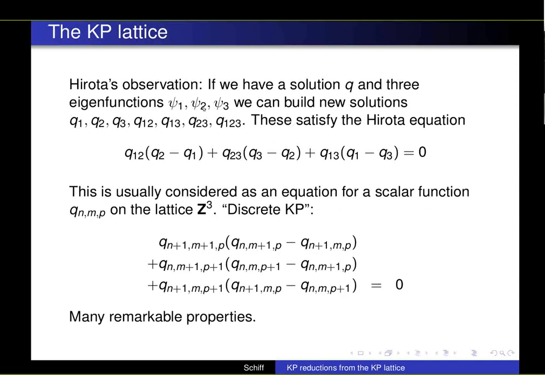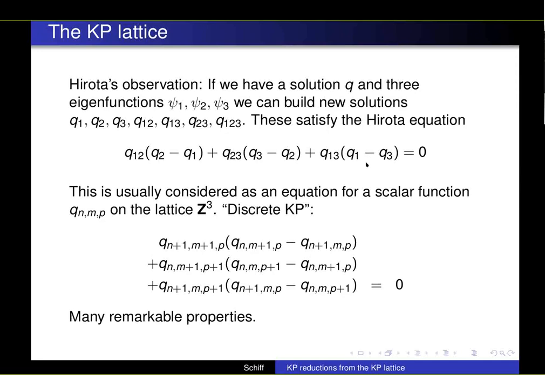We can use two of the psis and the Wronskian to get Q1,2, Q1,3, Q2,3. Or we can use three of the psis and the Wronskians to get this. In fact, Q1,2,3 doesn't appear here, but the six solutions Q1 up to Q2,3 are related by an algebraic equation. This is called the Hirota equation.